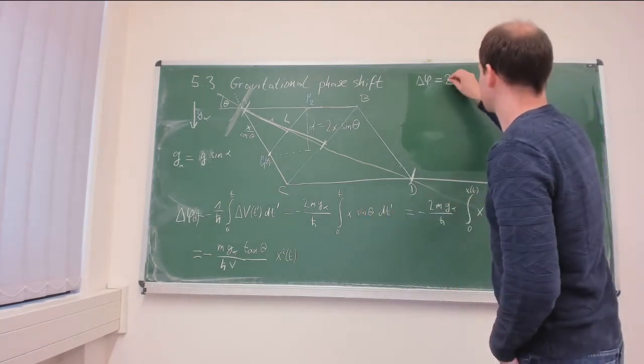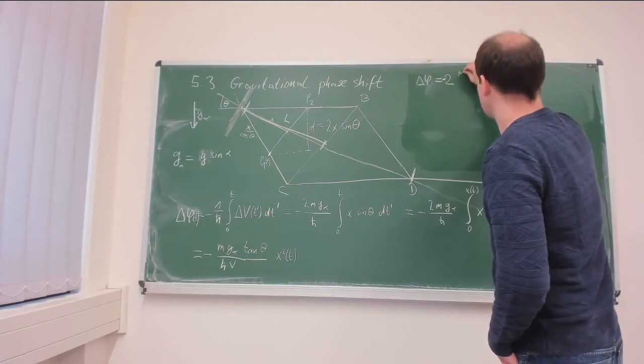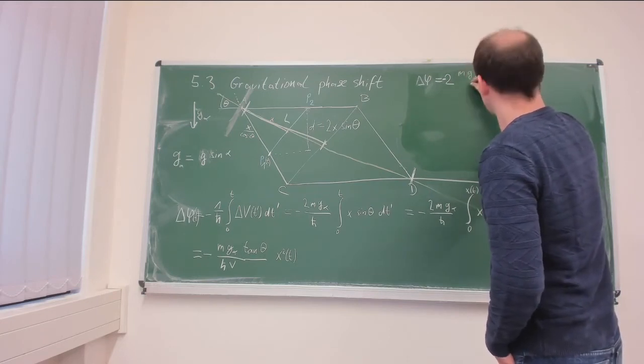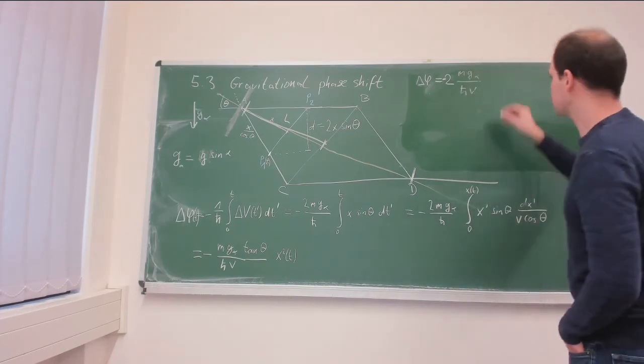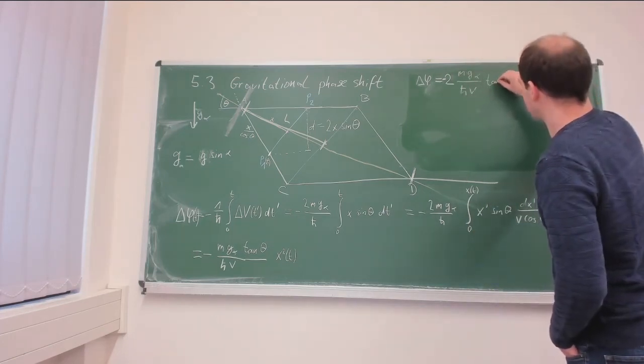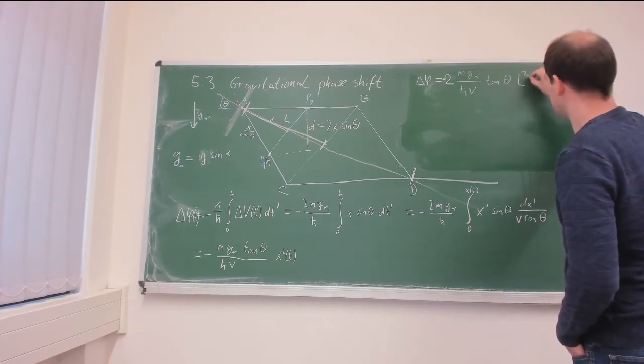And then we have minus m g alpha divided by h bar v tangent theta L squared.